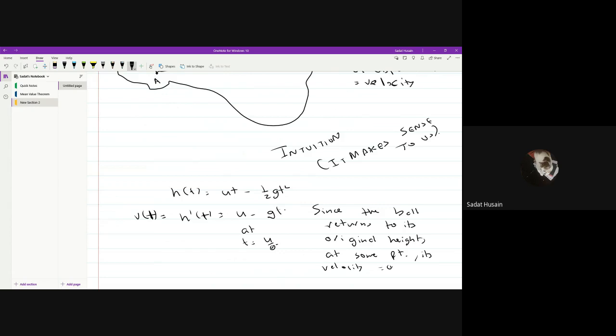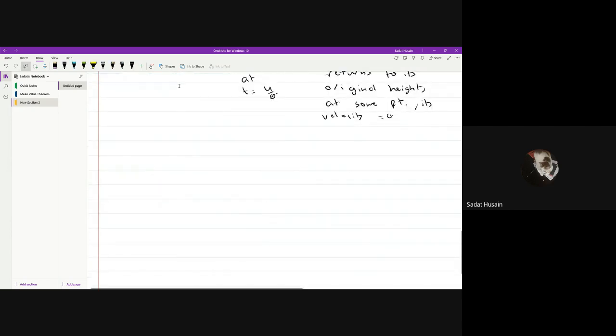Let's look at another example of the application of Rolle's theorem before we move on to the mean value theorem. So this is Example 2 from page 291 of Stewart's calculus.